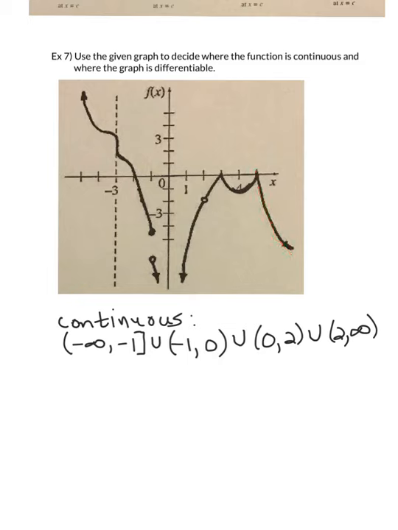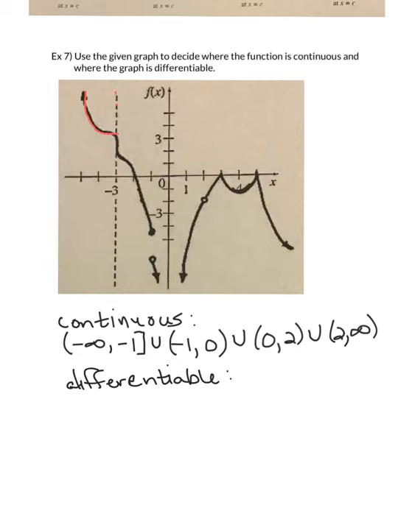And now we need to talk about where we are differentiable. Remember, that word means where do we have a derivative. So just like before, we start by coming from negative infinity, but we're going to hit a problem right here.